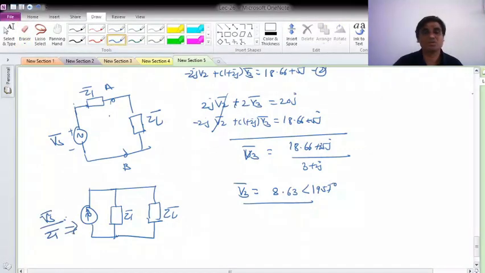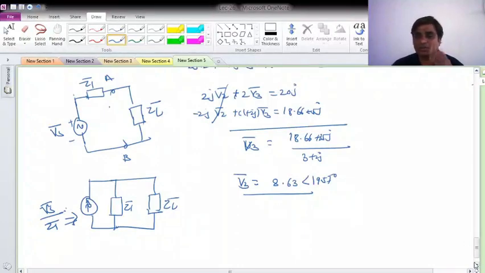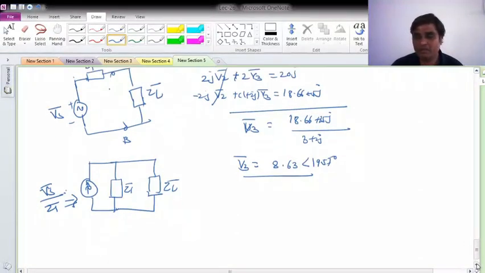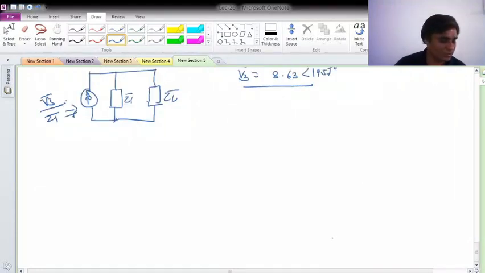That way also you can compute. So the same rules are applicable for AC circuits also.